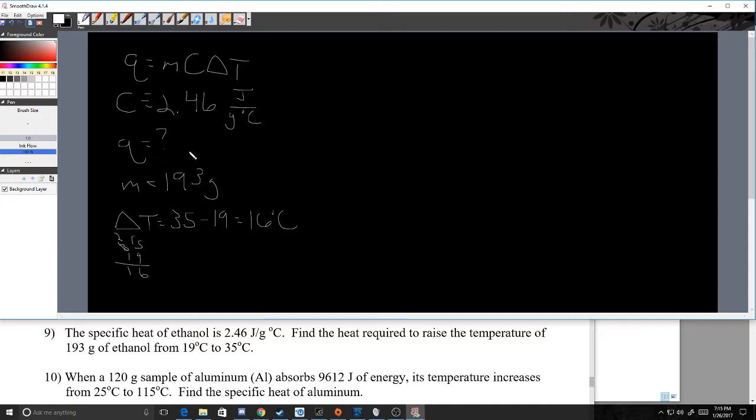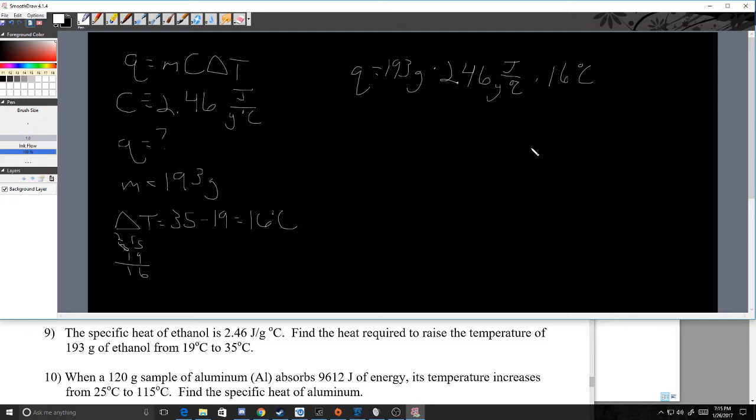Since we're looking for Q, we don't need to rearrange the equation at all. So Q equals our mass, 193 grams, times our specific heat, which is 2.46 joules per gram degree Celsius, times our change in temp, which we figured out was 16 degrees Celsius.